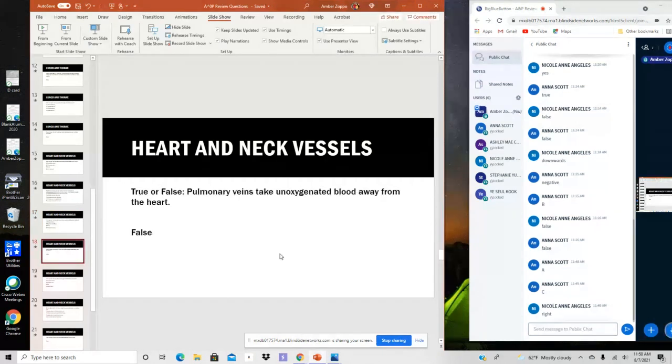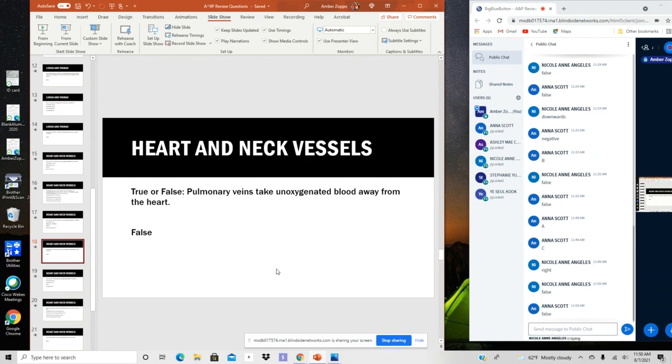True or false? Pulmonary veins take unoxygenated blood away from the heart. False, right? Which vessel did we talk about that takes the unoxygenated blood away from the heart?